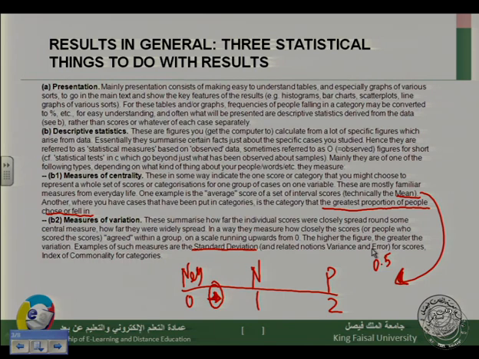So we calculate and get something called the standard deviation. If the number is great, then the scores are spread, not very close. The smaller the number, that means they are very close to each other.